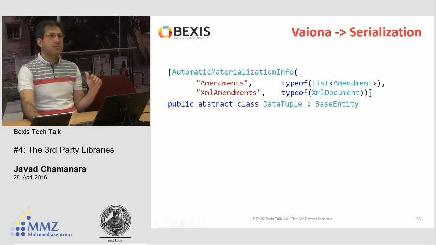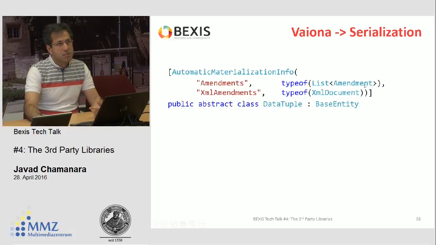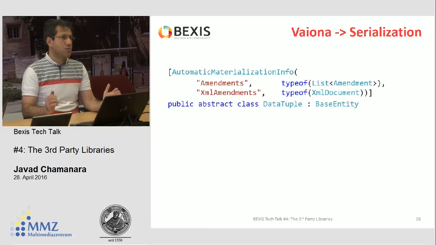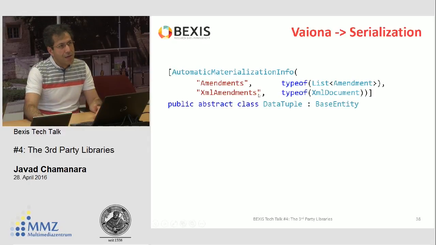And when you are going to save this data tuple into the database, in that case, dematerialize will be called, and dematerialize will go through this attribute, the amendment list, transform every single item to an XML element, put those XML elements into an XML document, and then set this XML amendment attribute inside the class.